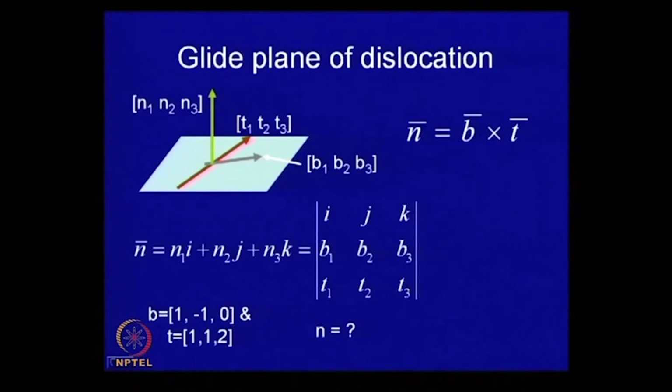So this determinant gives the plane normal.